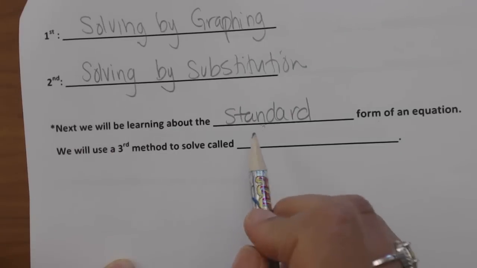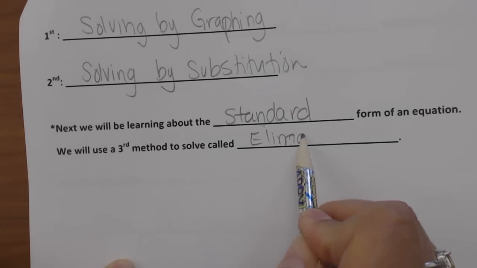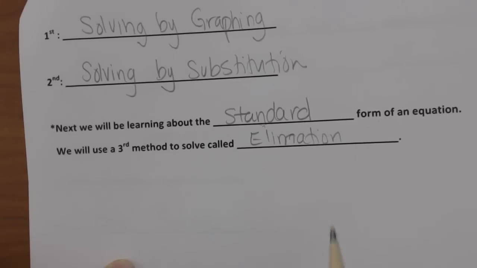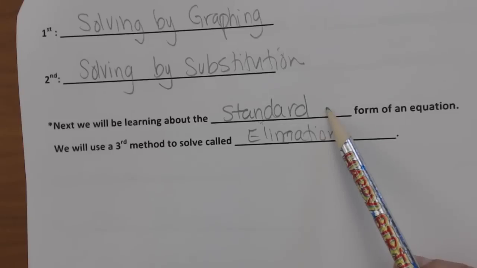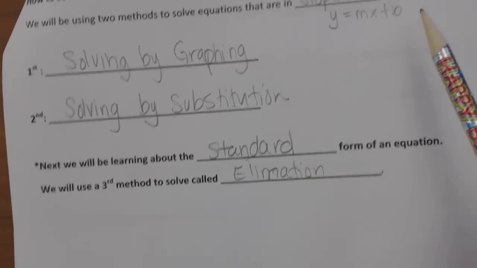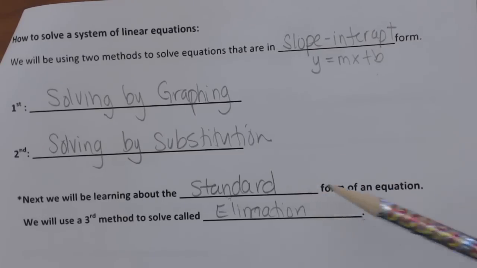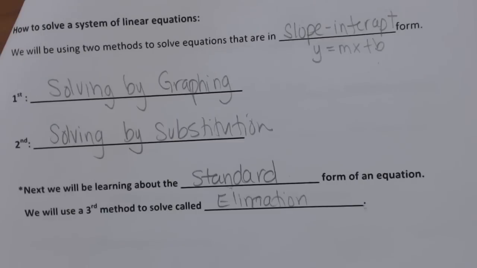We will use a third method to solve called elimination. I think that's one of my favorite ones. But we need it to be in standard form, so this will be coming up in a short while. We've really been working with y equals mx plus b a lot, and I feel like we need a little bit of a break, so we're going to go to standard form after that.